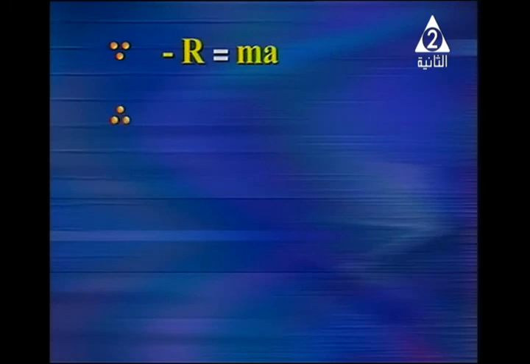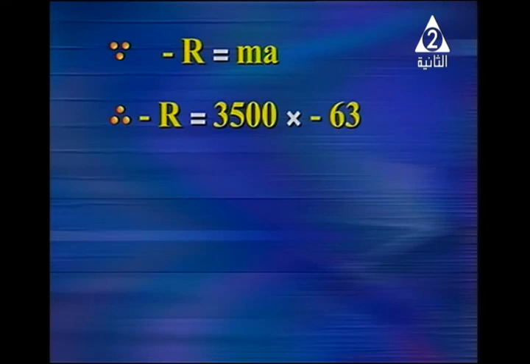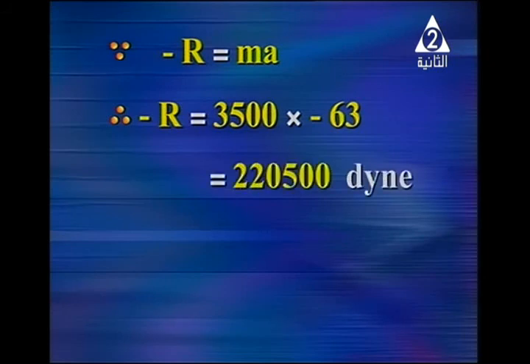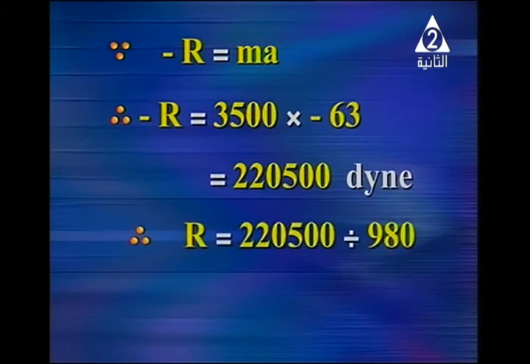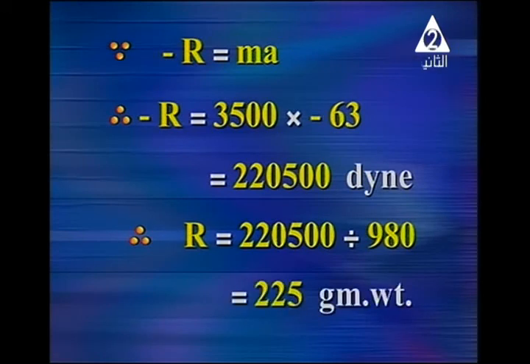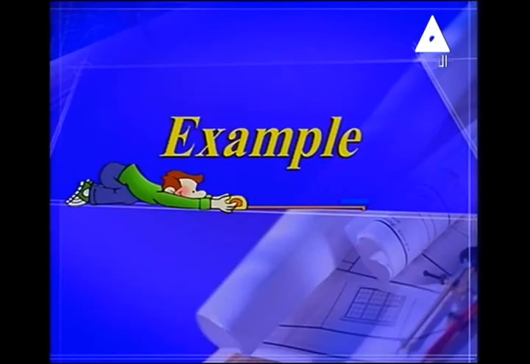Since the resistance equals MA, negative R equals MA, by using M equals 3500 times negative 63, the resistance equals 220,500 dyne. By dividing by 980 to find the resistance in gram weight, the resistance is 225 gram weight.